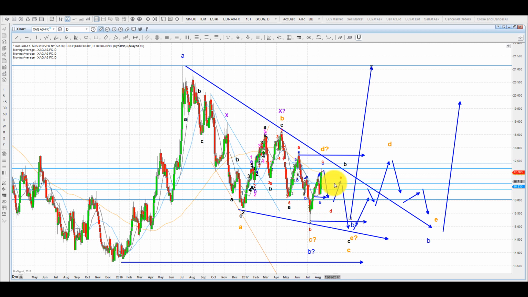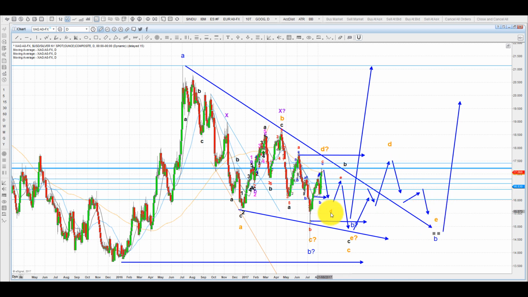We're just going sideways here, and then we're going to drop. It's going to drop under this level, and that's going to be just our C right here. And then again, a prolonged process, taking maybe several months to complete the D and the E, etc. You get the point. So that, if you like, is the most boring alternative.